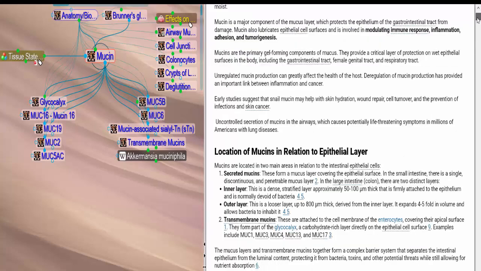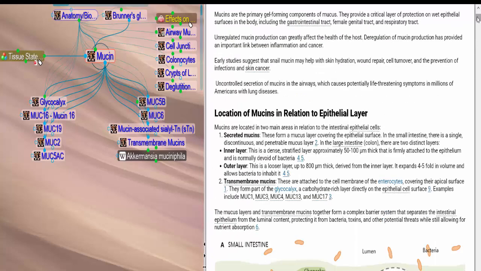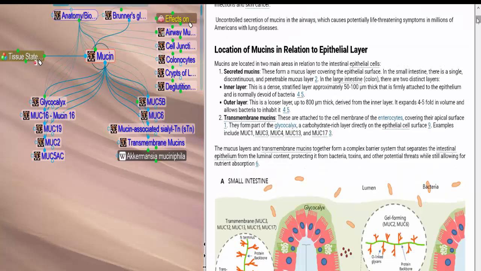Let's talk about where they're located in relation to the epithelial layer. So there's two main areas. There are secreted mucins, and those form a mucus layer covering the epithelial cell. In the small intestine, there's a single, discontinuous, impenetrable mucus layer. In the large intestine, there are two distinct layers. We've seen that already. In the large intestine, we've got that inner layer and that outer layer.